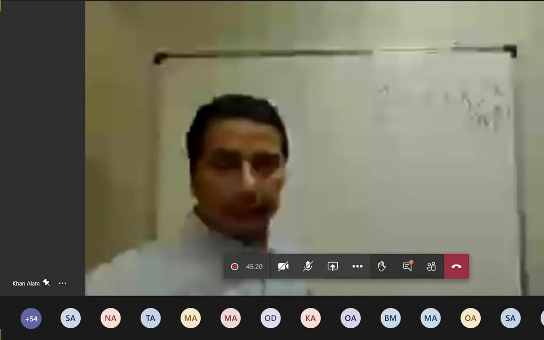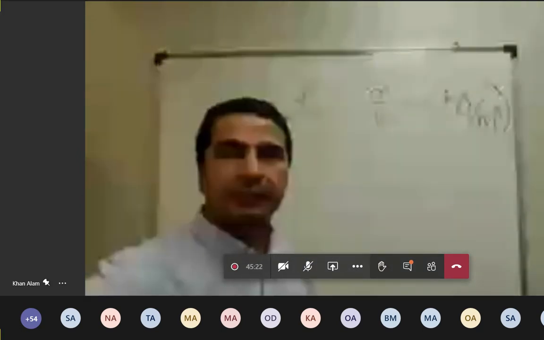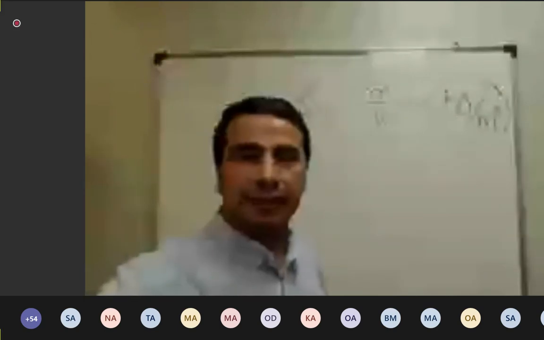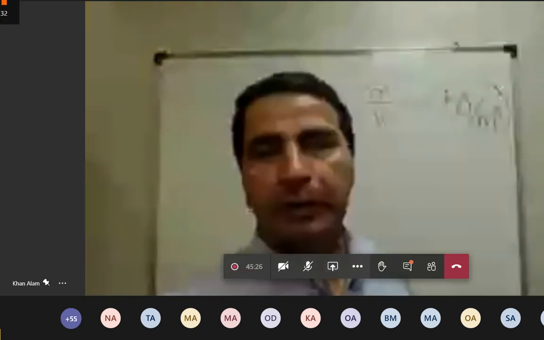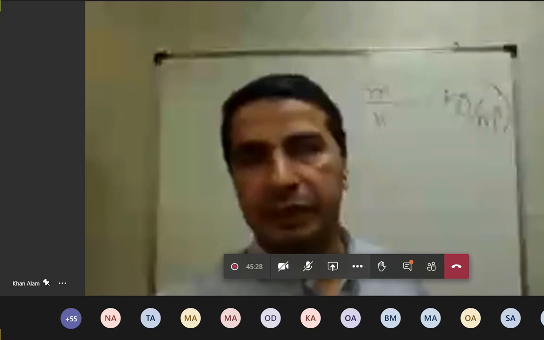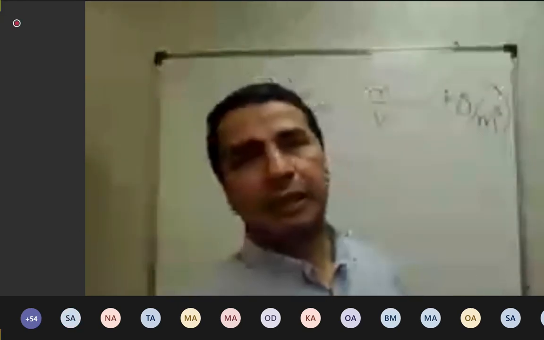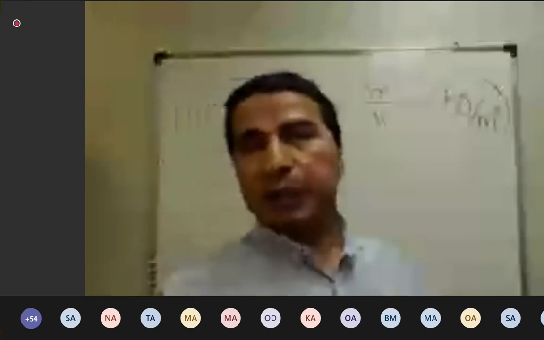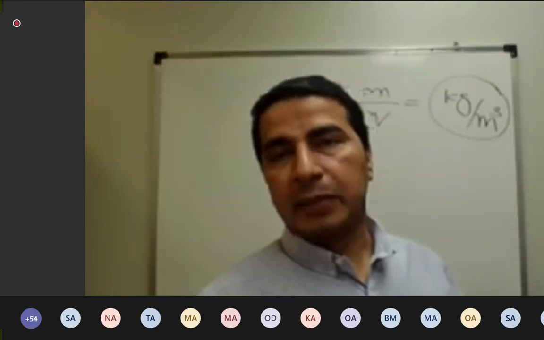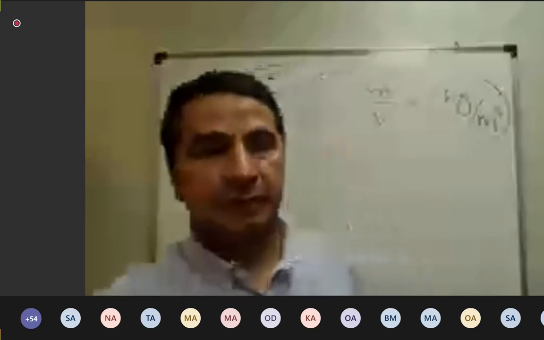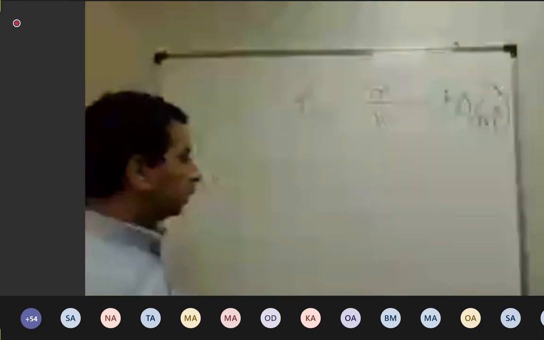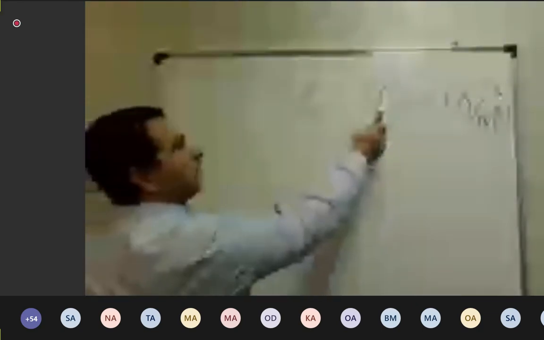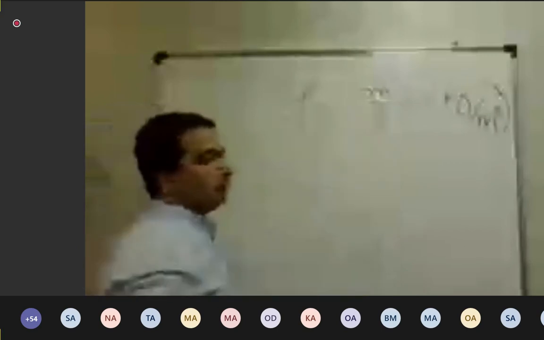So here we have this example. Copper has a density of 8.96 grams per centimeter cubed, and the mass of the copper atom is also given here. If the atoms are spherical and tightly packed, what is the radius of the copper atom? First, we know the definition of density is mass divided by volume.